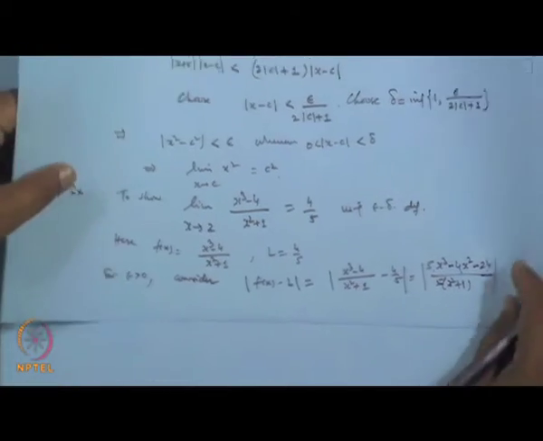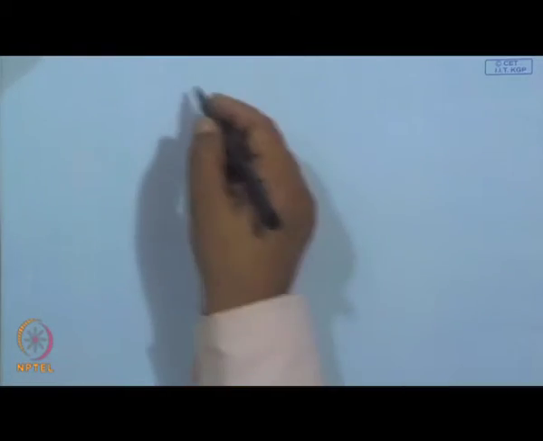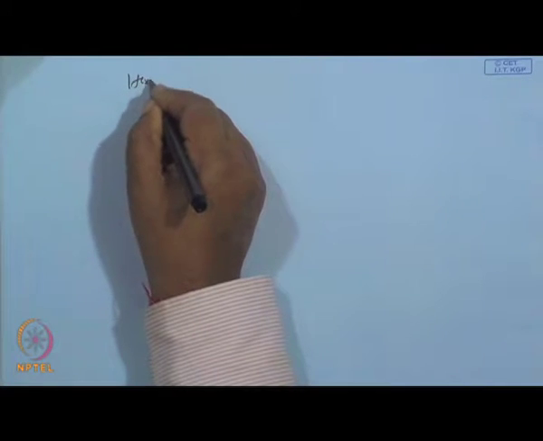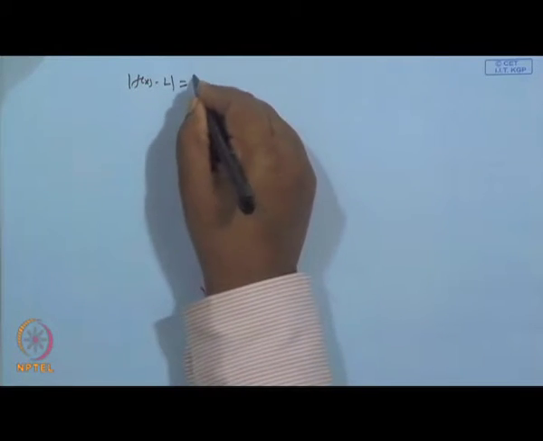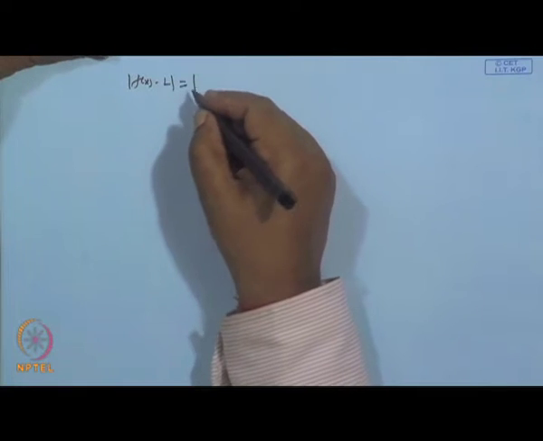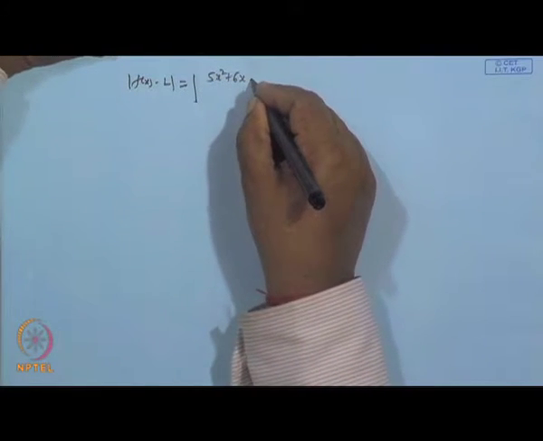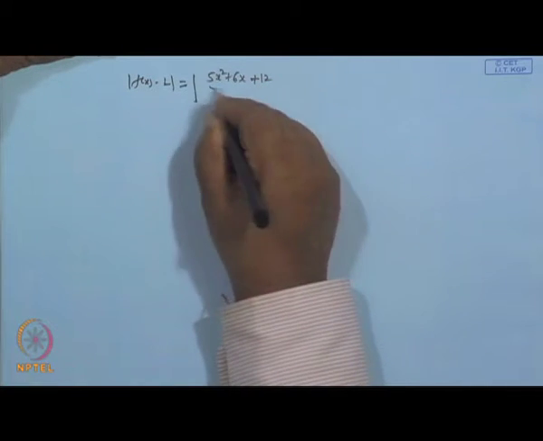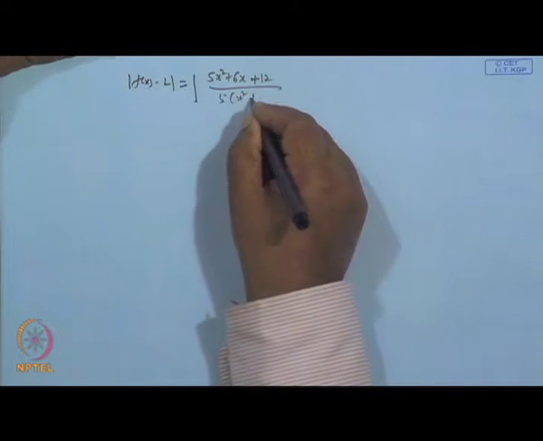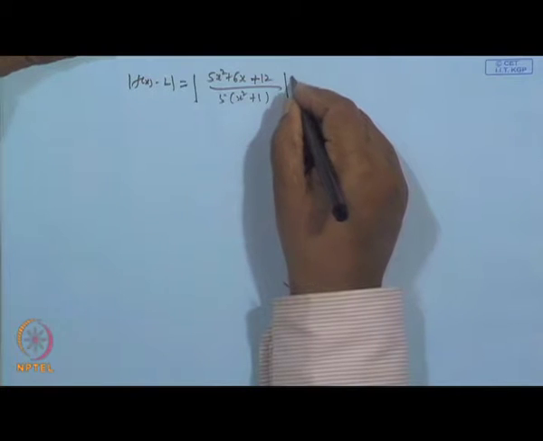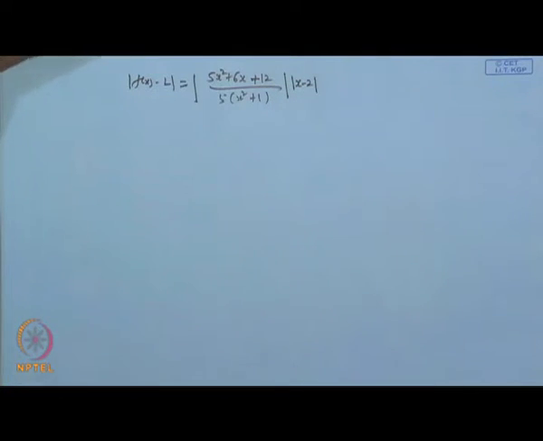If I separate it out, mod of f(x) minus L is nothing but mod of (5x square plus 6x plus 12) divided by 5(x square plus 1), into mod of x minus 2.